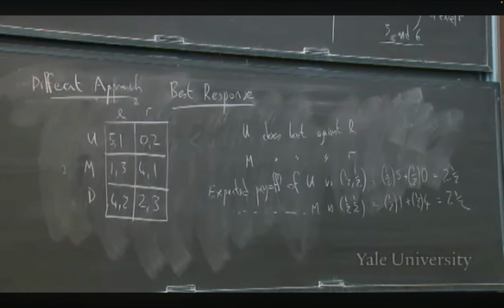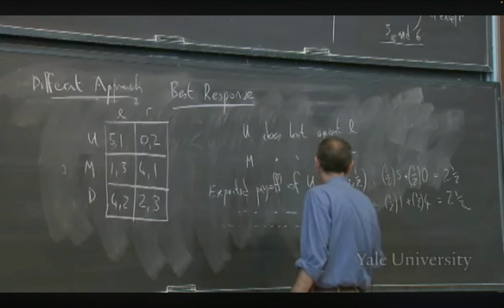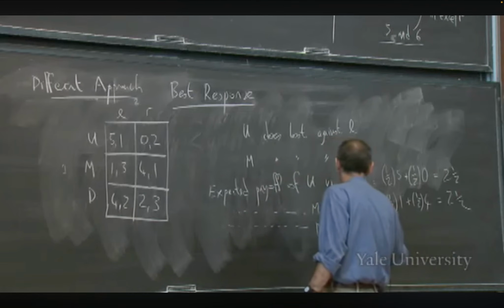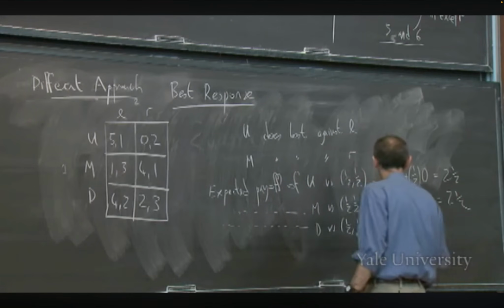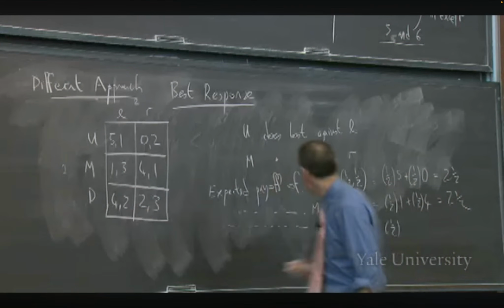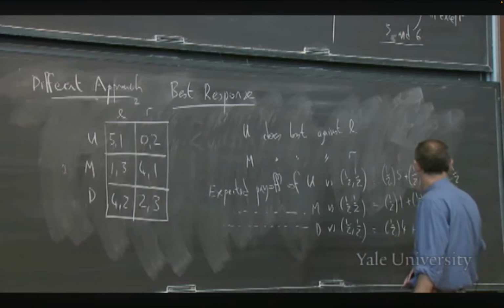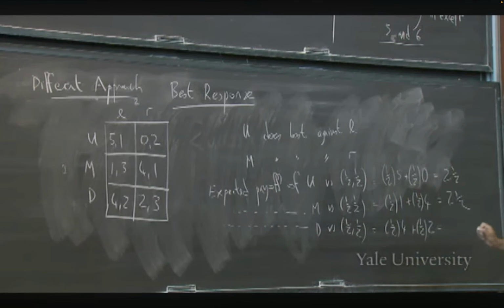Right, everyone happy with that? Is my math correct so far? All right. And how about my expected payoff from choosing down versus a half-half? This is going to equal a half of 4 plus a half of 2, which is a half of 6, so that's 3.